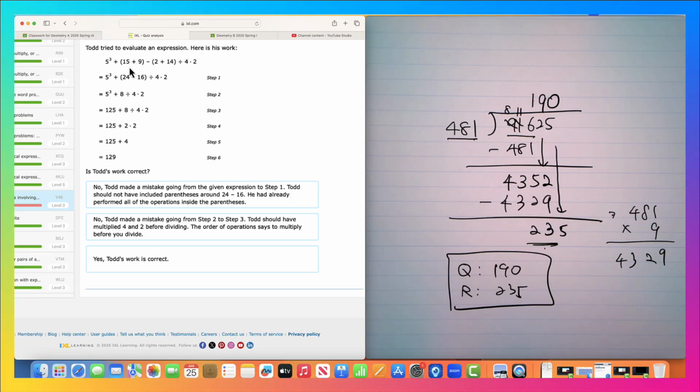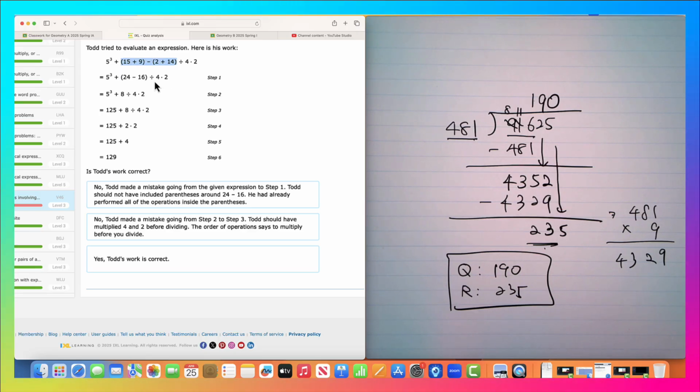So we have 5 cubed here, parentheses, division, multiplication. We should work with the parentheses first, and 24. Yeah, 24 is good, but suddenly it says minus 16 when there's no big parentheses around this. So already we have a problem.